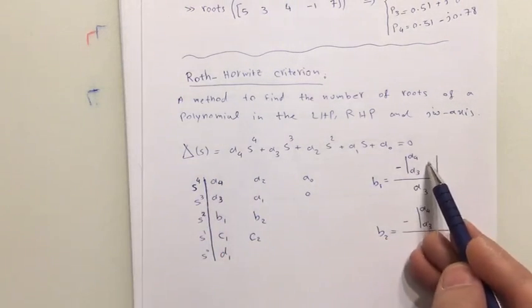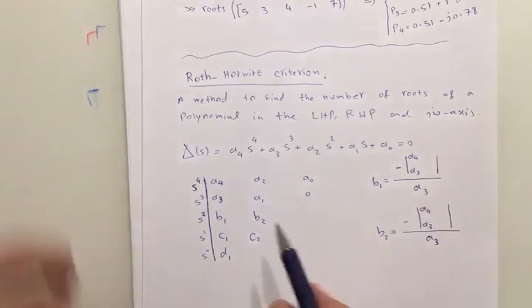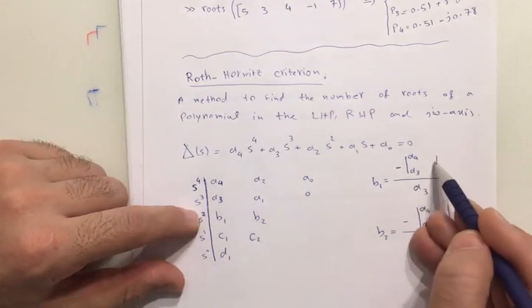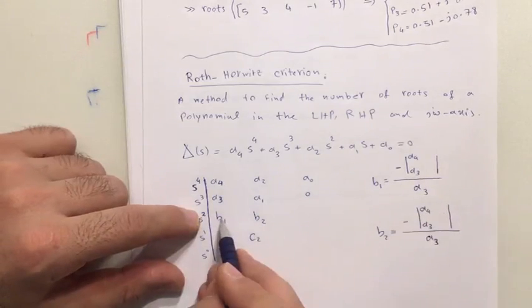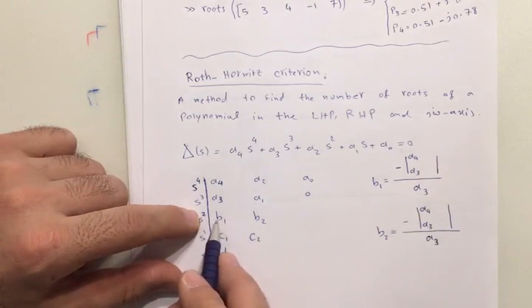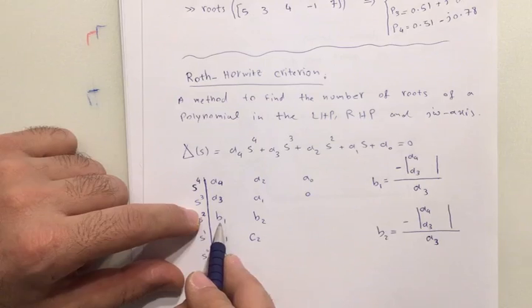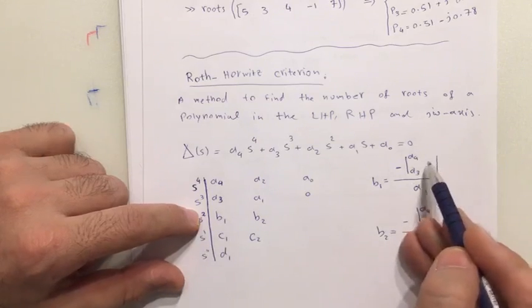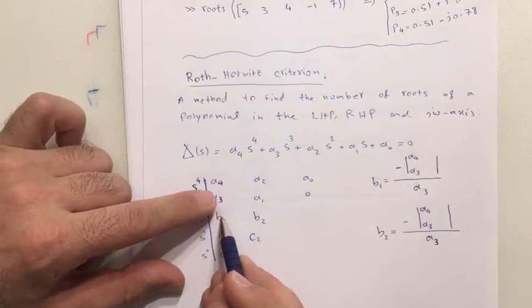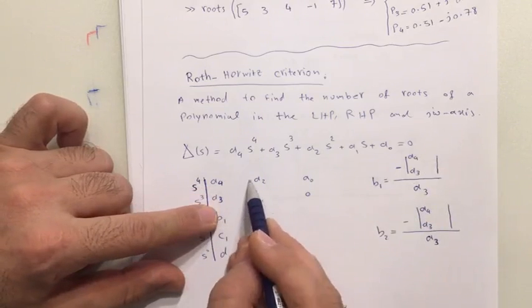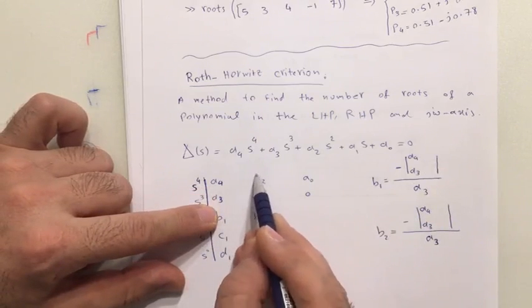What about the next column here? The next column depends on what element you are talking about. It would be the next column with respect to that element in the previous 2 rows.